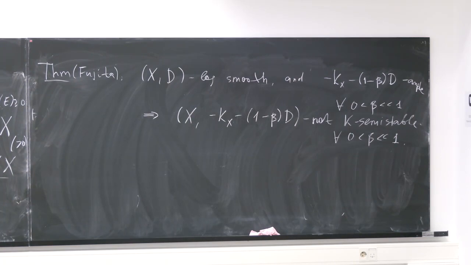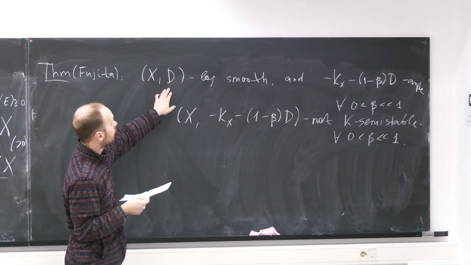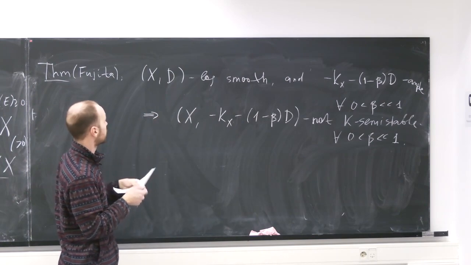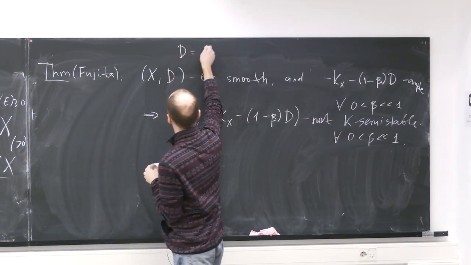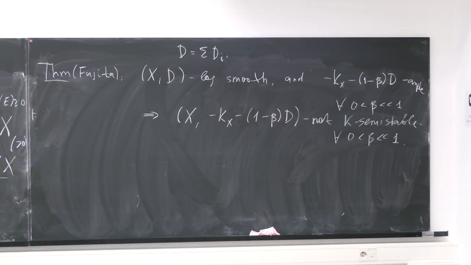So here D is not assumed to be reduced. And you multiply all the components with the same number. Yes, yes. But in my result, I analyze K stability for any possible values of coefficients.